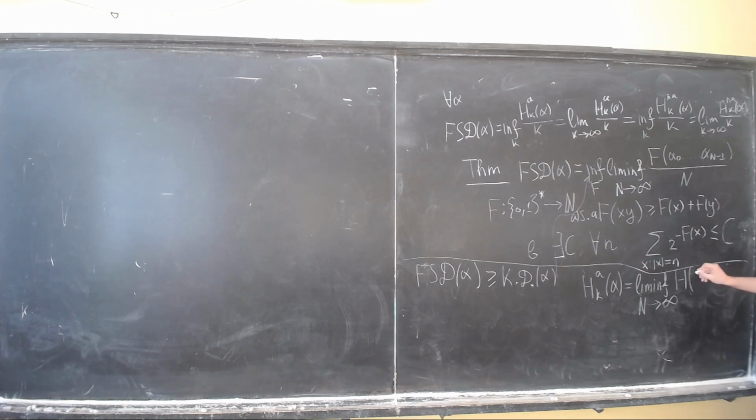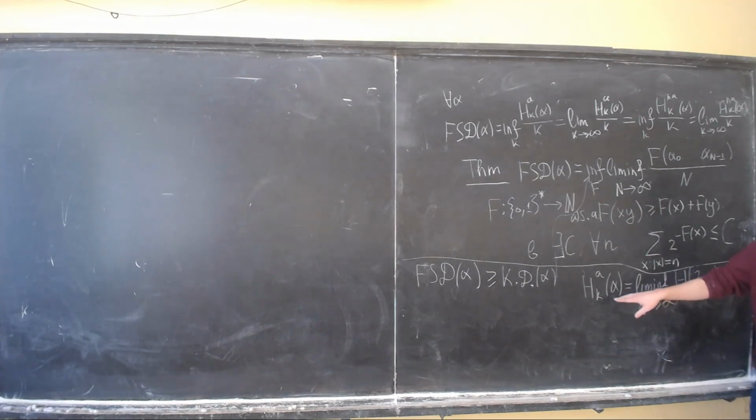We take the first n aligned blocks, we take a uniformly random block within these first n aligned blocks, and we take the entropy of this thing. And lim of this entropy equals this thing.